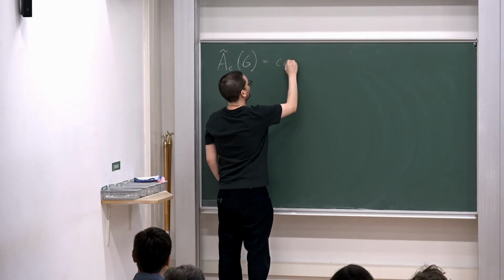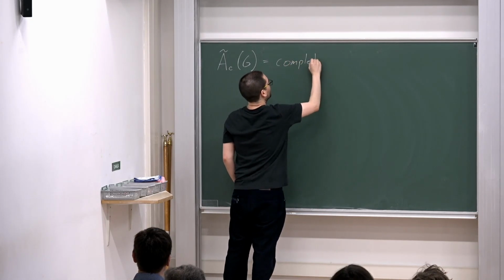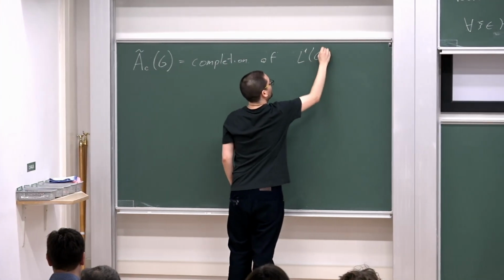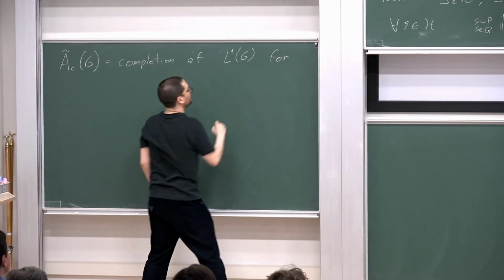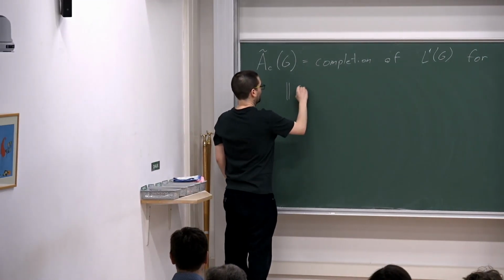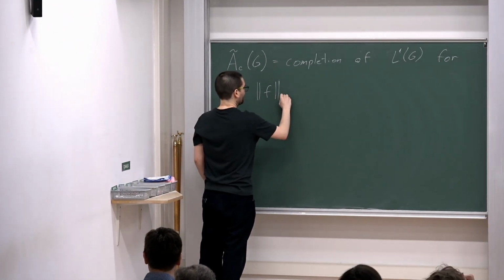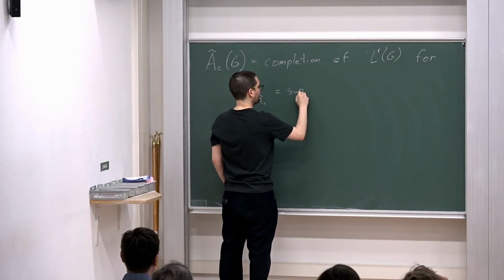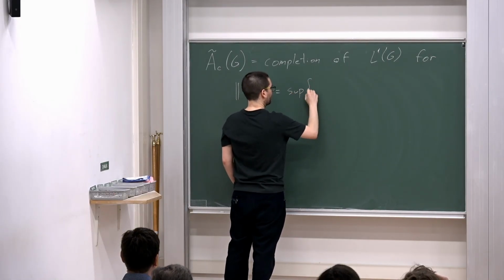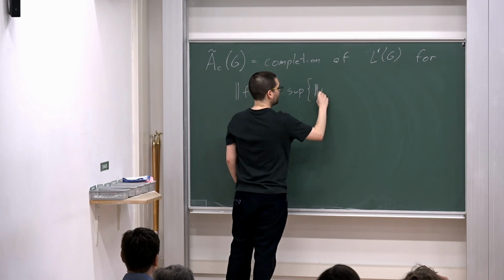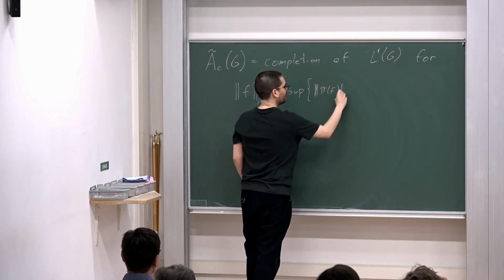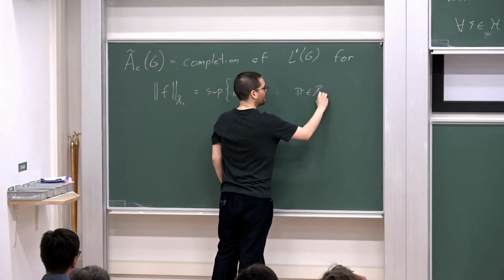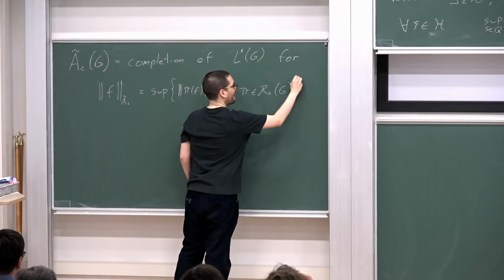This is the completion of L1 for the norm, the supremum over all the representations. So this is the supremum of the norm of pi of f, where pi ranges over all representations in this class.